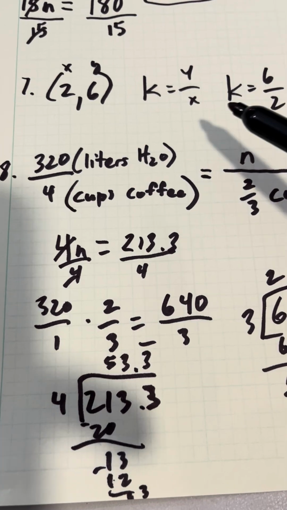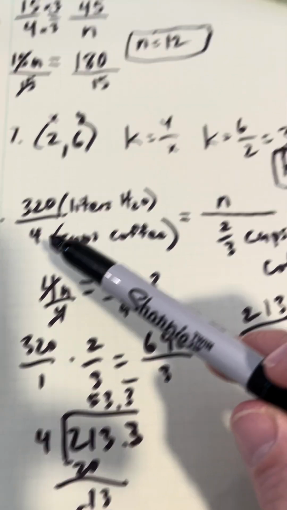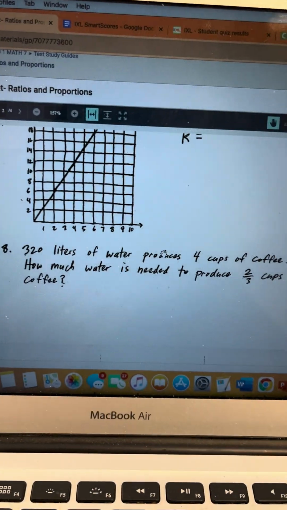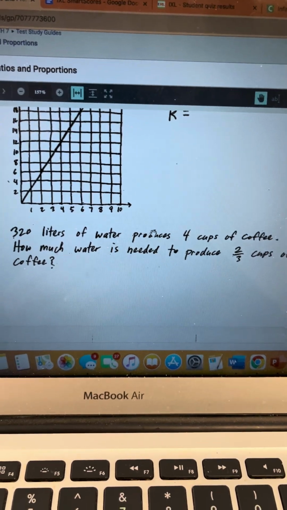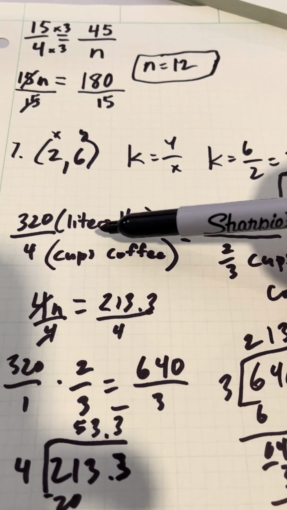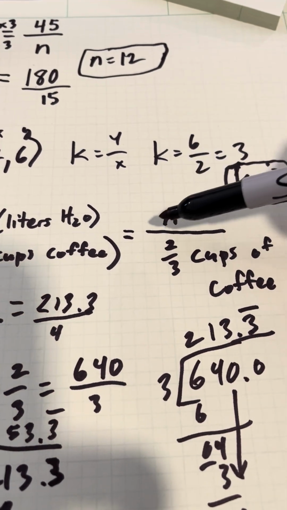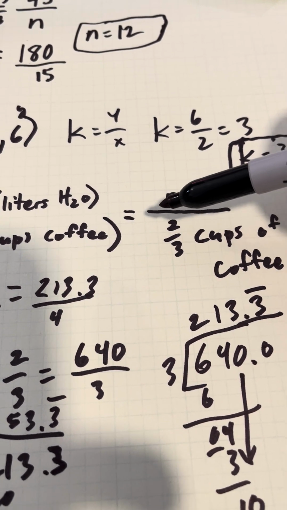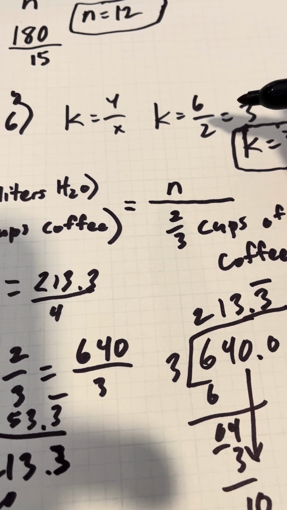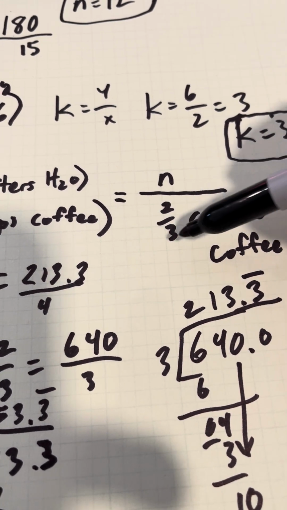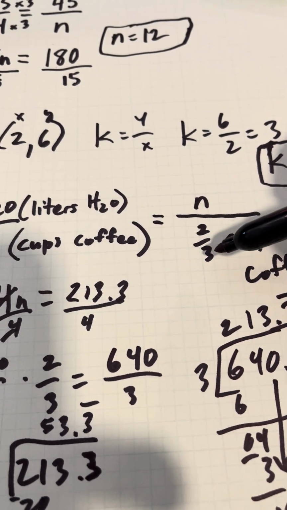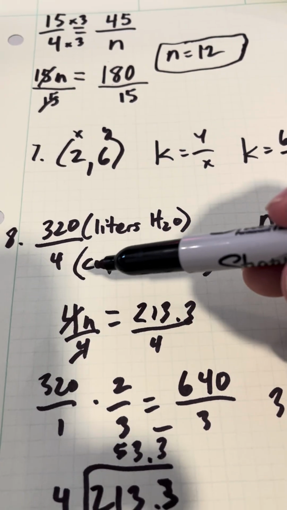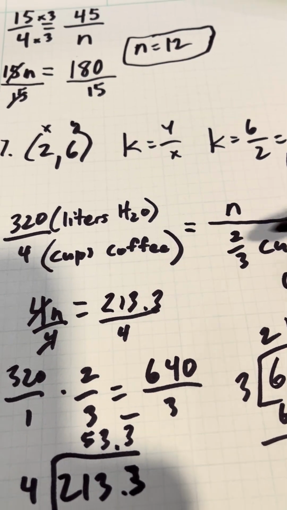Okay, so again, I know we kind of have a lot going on here. Just kind of follow me as I'm going through it. All we did was we set up our proportion. That's 320 liters over 4 cups of coffee. That's how we set it up. Equals another ratio. And they said they want to know how much water is needed to produce 2/3 cups of coffee. We make sure we put our 2/3 in the denominator to match our units up in the bottom.